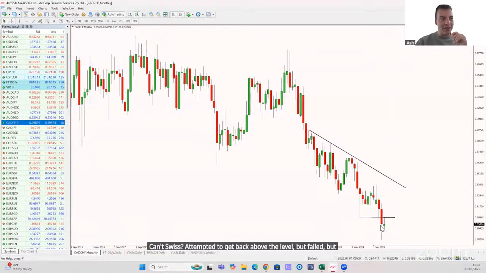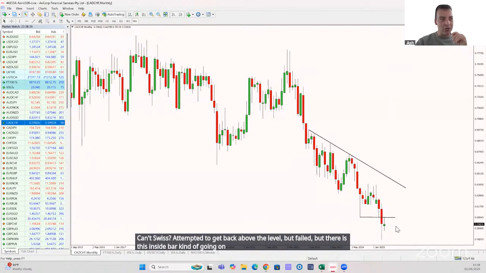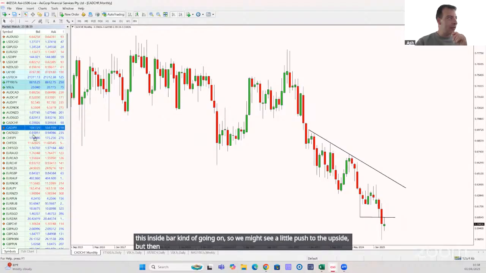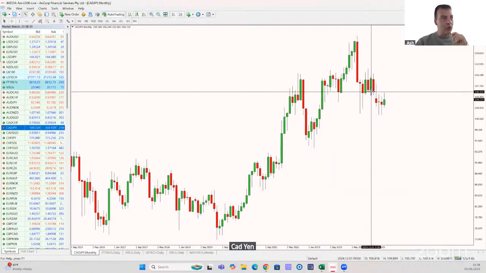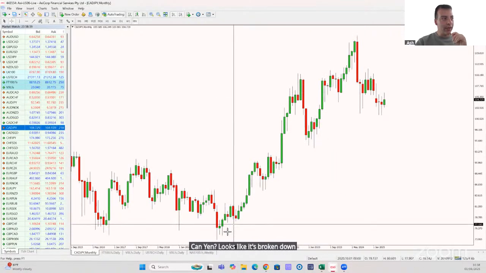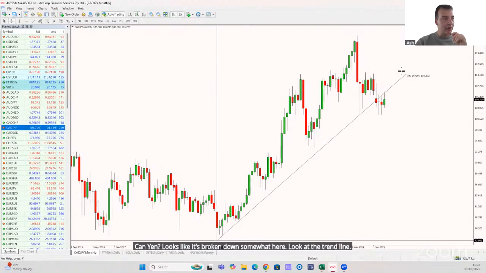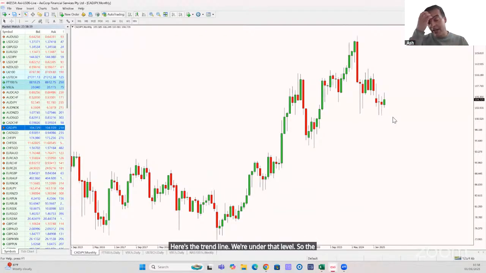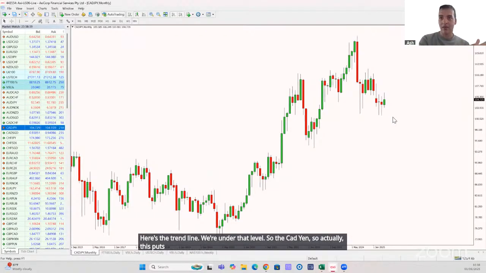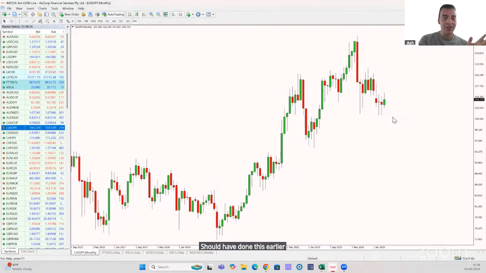But there is this inside bar going on, so we might see a little push to the upside, but then another failure. CAD Yen looks like it's broken down somewhat here. Look at the trend line. We're under that level. So actually, this puts the yen at the back. Should have done this earlier. This puts the yen at the back. So the CAD looks like the weakest currency.